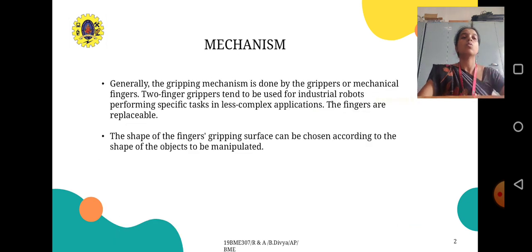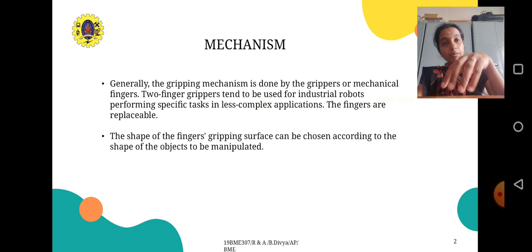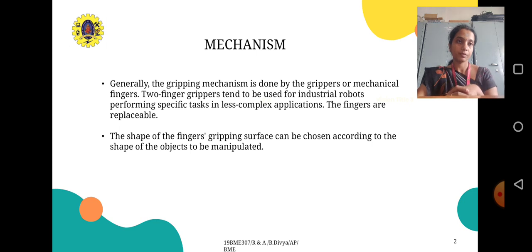Next is mechanism. What mechanism are we using in the grippers? Generally, the gripping mechanism is done by the gripper, known as a mechanical finger.